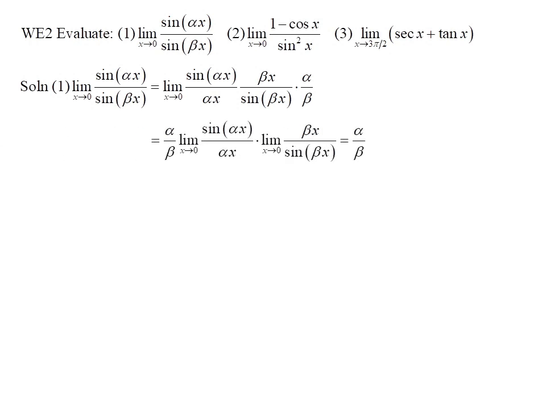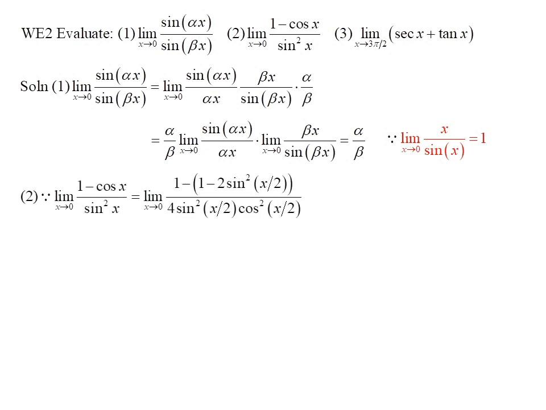According to the product property of the limit, it can be written to alpha over beta times the limit of sine alpha x over alpha x as x approaches 0 times the limit of beta x over sine beta x as x approaches 0. Since the limit of x over sine x equals 1, the limit of sine alpha x over sine beta x as x approaches 0 equals alpha over beta.